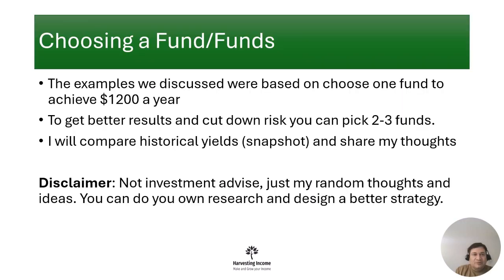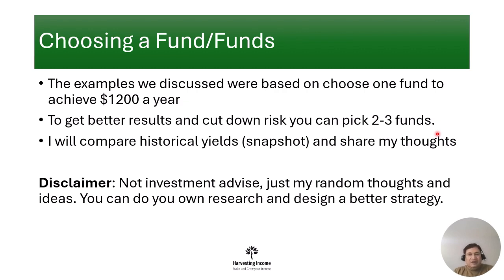Now we come to the interesting part, choosing funds. In the above examples, we were discussing just choosing one fund. But in real life, we need to diversify. You don't want to be dependent on just one fund or one fund manager. To get better results and cut down risk, you can pick 2 or 3 funds. Now, you don't have to break your head on this.